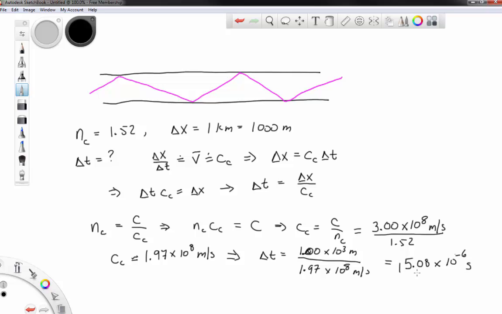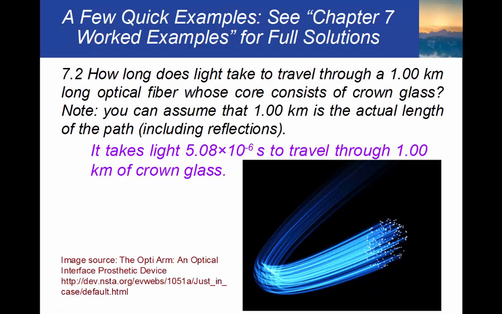So this is how much time it should take the light to travel from one end of the optical fiber to the other end. So again, it will take 5.08 times 10 to the minus 6. This is the same as saying 5.08 microseconds to travel through 1 kilometer of crown glass.